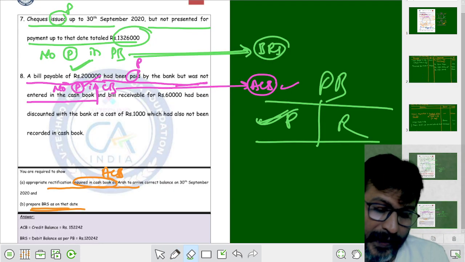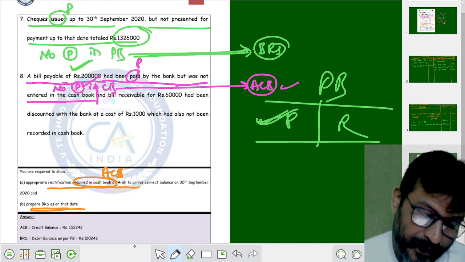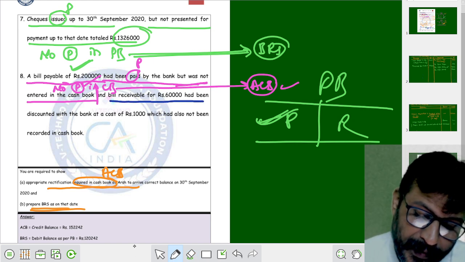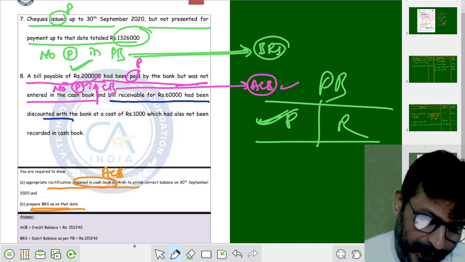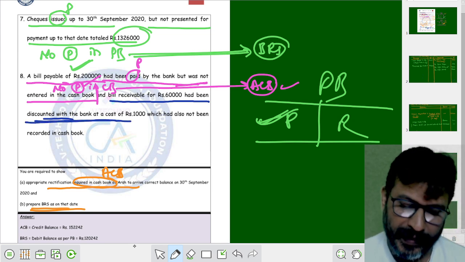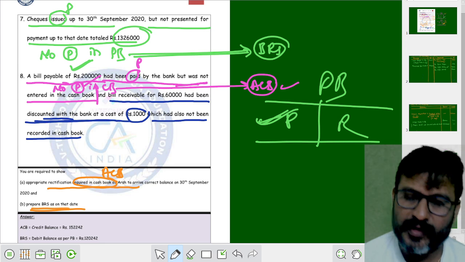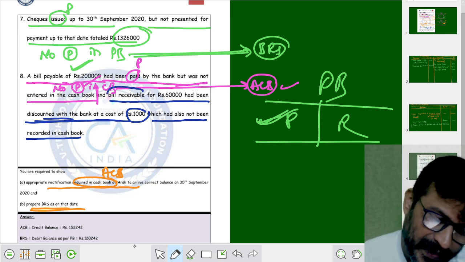See the sub point in the same one. What is he actually speaking about? Bills receivable of 60,000 had been discounted with the bank, and the discount is 1,000 rupees, not recorded in the cash book. See, it is a bills receivable.